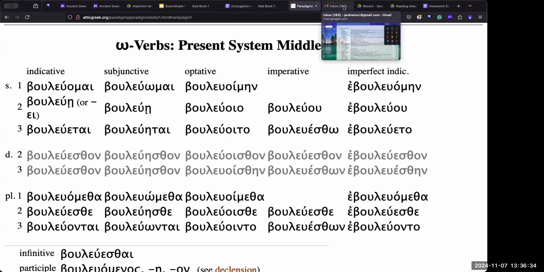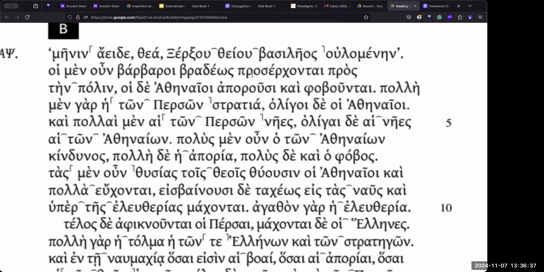All right, so let's go back to that. Now we have -onto. And then what do we use with the proserchontai, the front part? It's got a preposition, pros, so you can't put the augment in front of the preposition. The augment goes in between, on the stem, right? The stem of this verb is erchontai, erchomai.